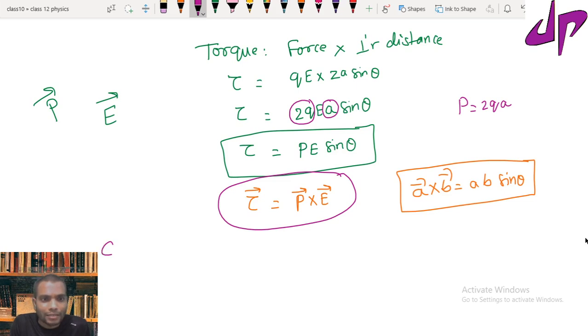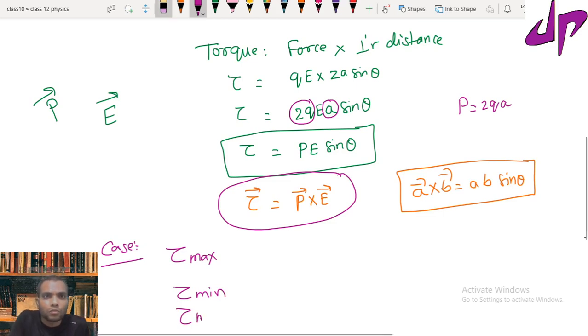Let us see a case. When is torque maximum, or when is tau minimum, or when will tau be 0? Since it's a force, it will be max and it will be min and it will be 0 also.